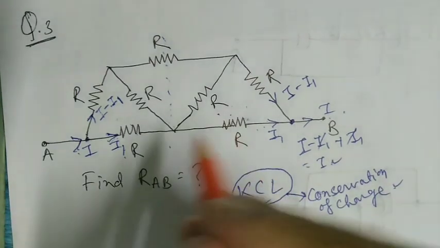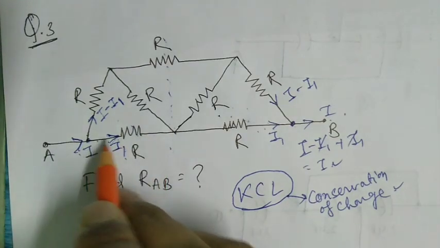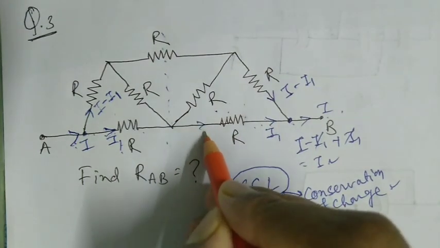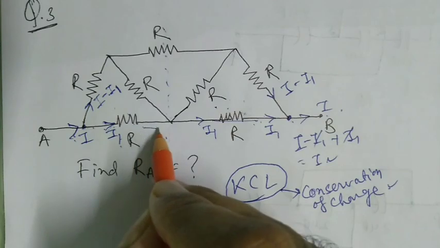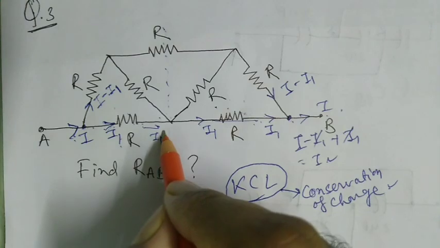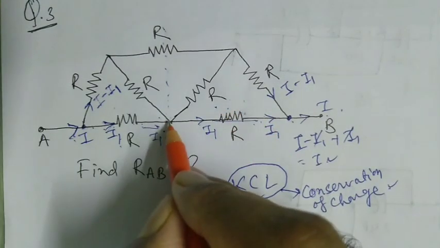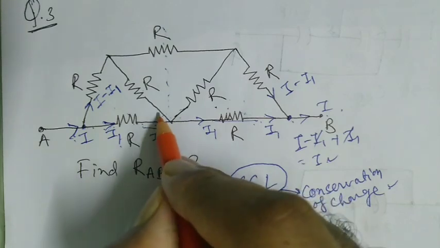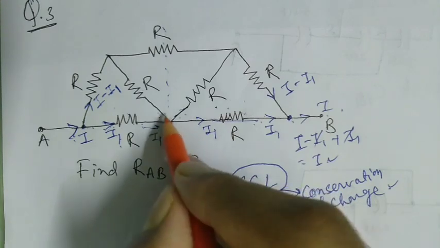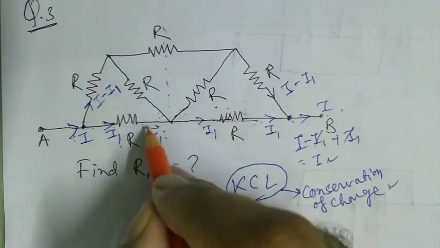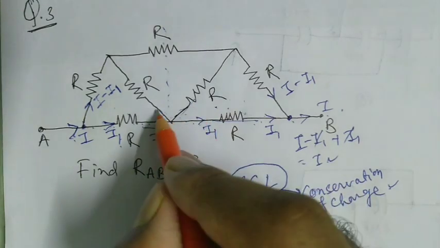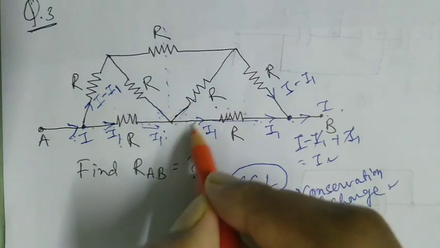Okay, so if the current leaving this node is I1 and the current entering this node is I1, then in this portion the current was I1, and in this portion also the current is I1. So no current has entered these branches, neither this branch nor this branch, or no current has come from this branch to these branches.